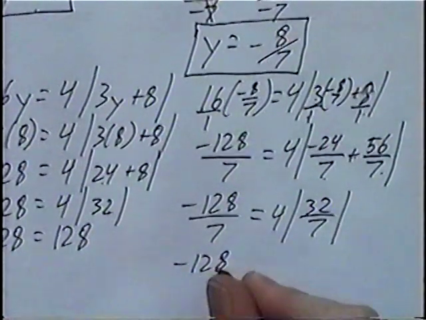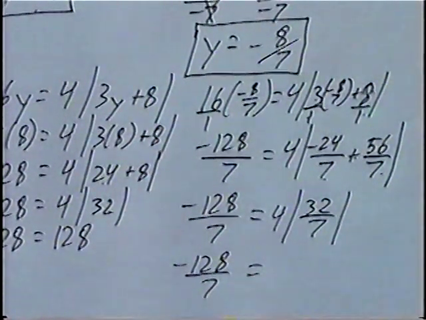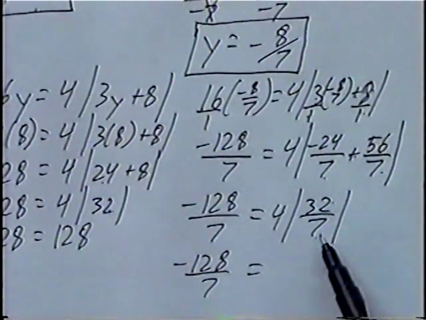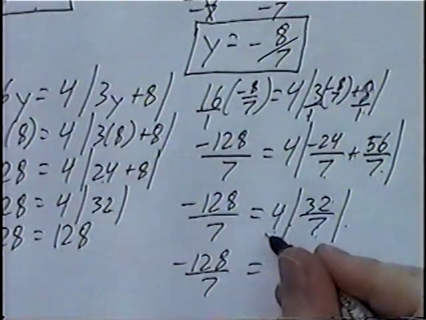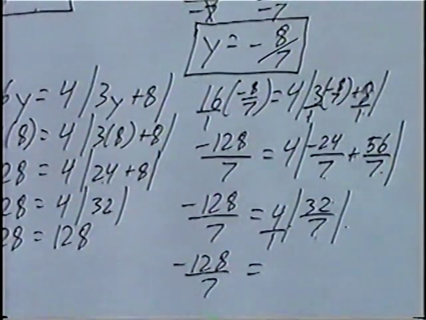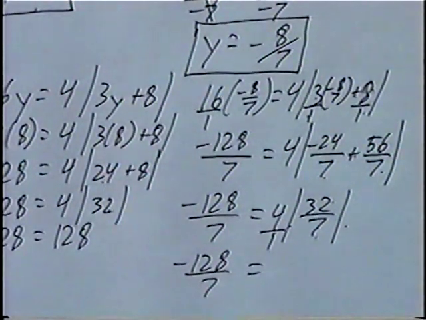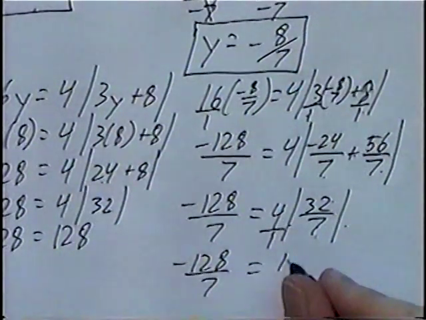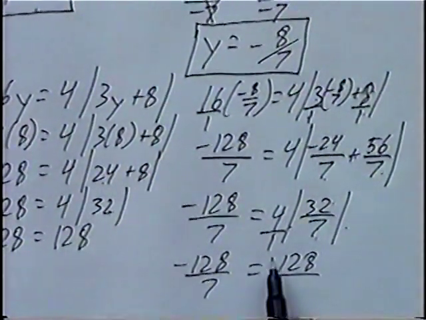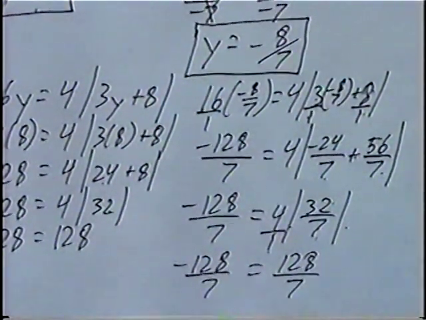Negative 128 over 7 stays the same on the left-hand side. 32 over 7, the absolute value would stay the same. Multiplying by 4, we can change the 4 to a fraction, 4 over 1. Multiplying 4 times 32, that would be 128, and 1 times 7 would be 7.